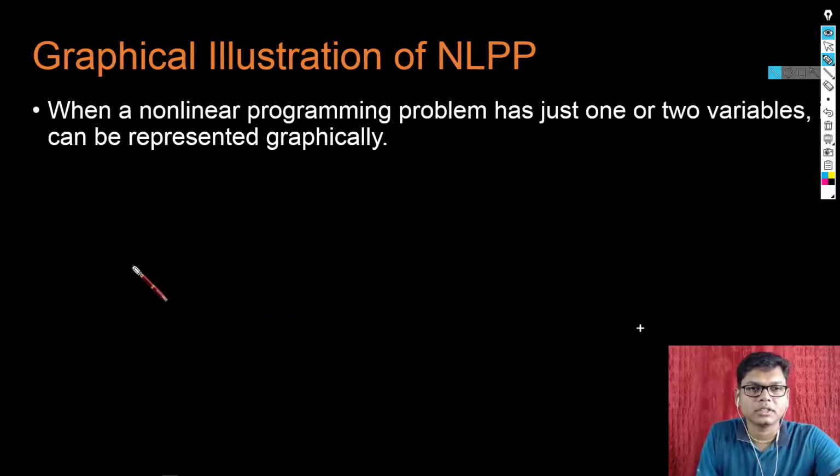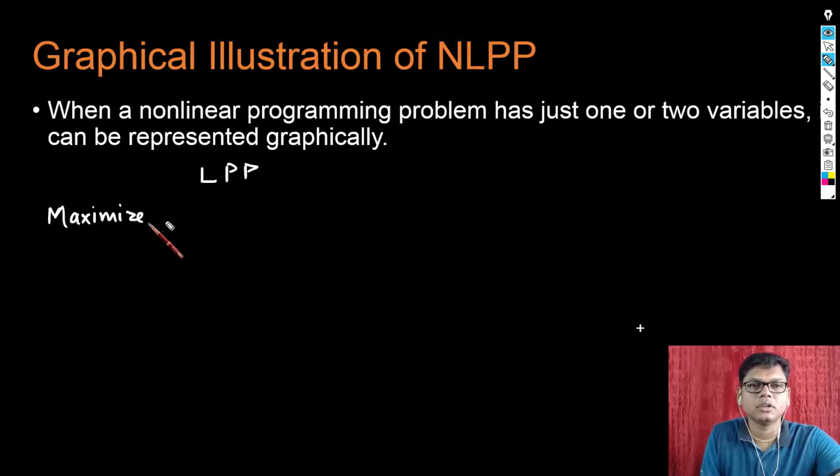So let's see an example of LPP. We have already given one example: maximize z equal to 3x1 plus 5x2 subject to the constraints.